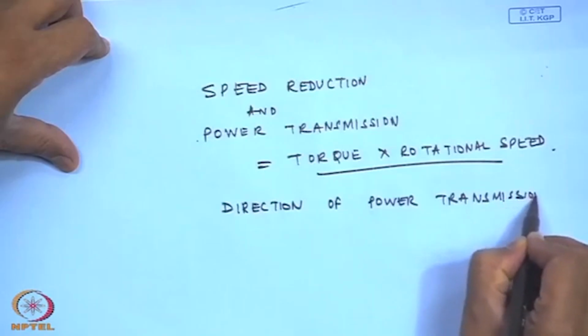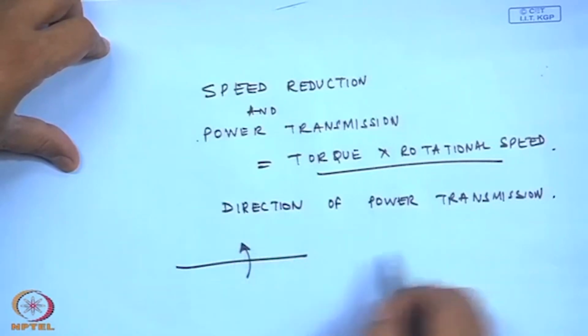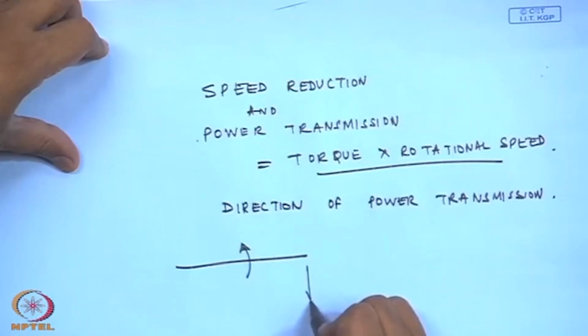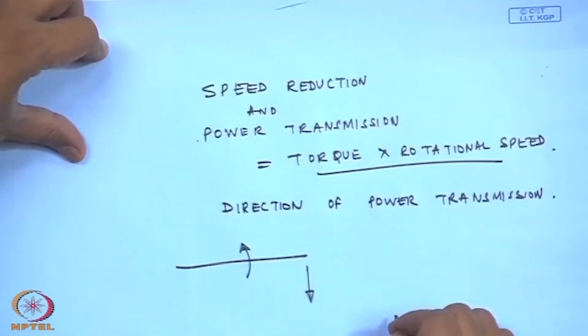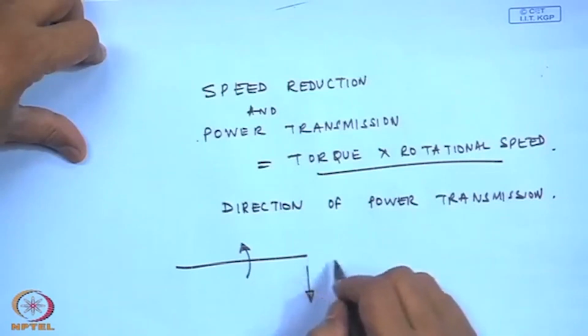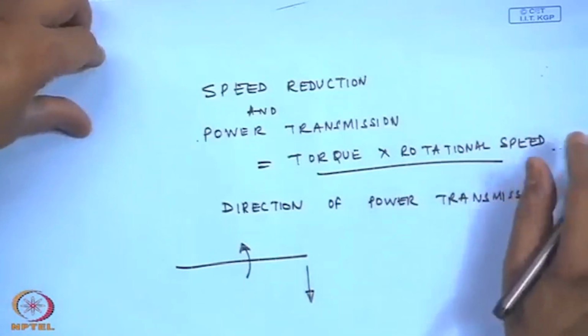For example, we have a shaft which is rotating. I suddenly want power in a direction 90 degrees to it. So, obviously, I have to have some sort of an arrangement in the gears, so that this power can also be transmitted at an angle of 90 degrees to the incoming shaft.